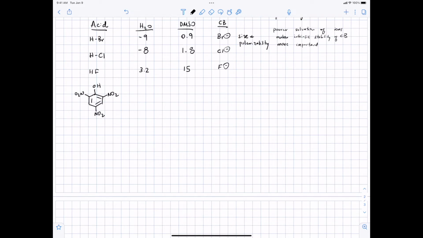For example, trinitrophenol has a pKa of 0.4 in water and a pKa of 0 in DMSO. And presumably this is because if the charge on the conjugate base is spread out via resonance, it's already quite stable and maybe doesn't need a lot of help from solvation.